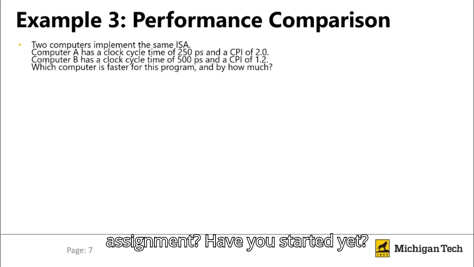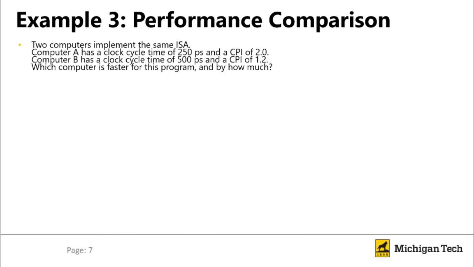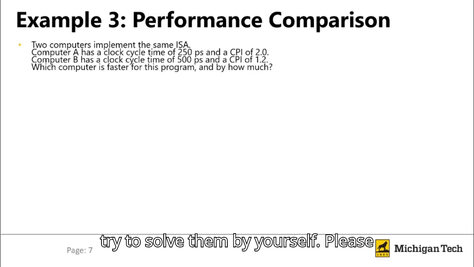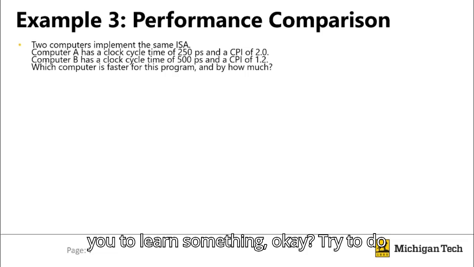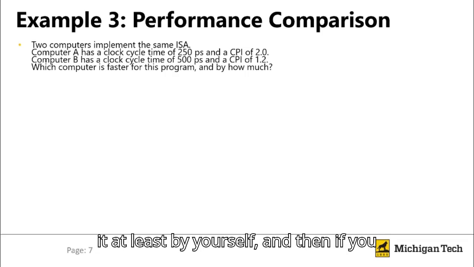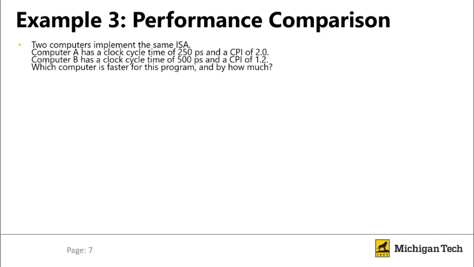Did you start your assignment? Have you started yet? Well, you have three questions, and try to solve them by yourself, please. Don't use ChatGPT or AI tools. You can get help, I can check, but I want you to learn something, okay? Try to do it at least by yourself, and then if you want to get help, no problem. And we have a TA.